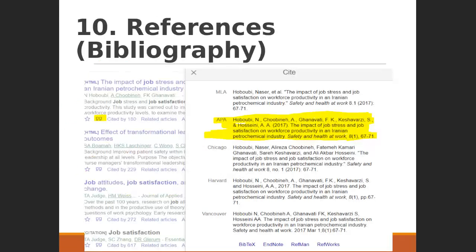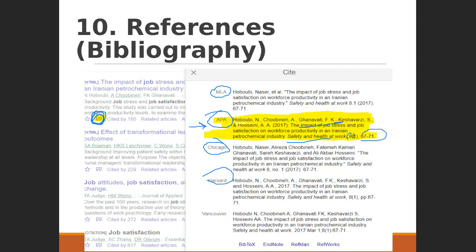You can simply gather this information from this particular icon in Google Scholar. When you click on this icon, there are different sources, different ways to cite, and they pop up. So we are following APA style. APA stands for American Psychological Association. In APA style, the information is presented here: the title of the paper, the name of the journal, the volume number, the issue number, the page numbers.